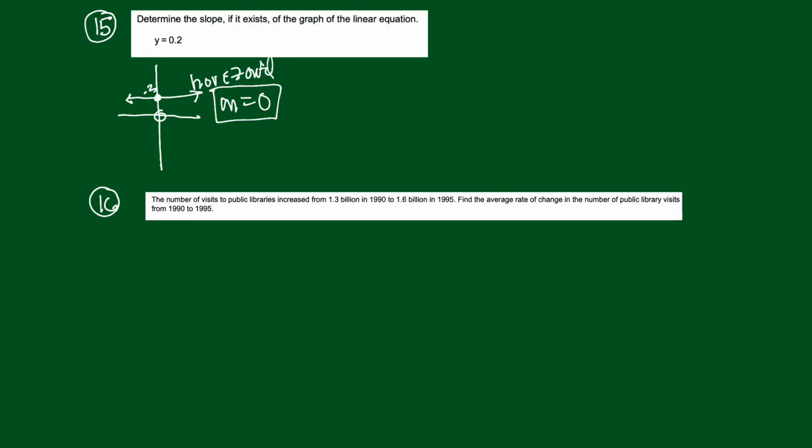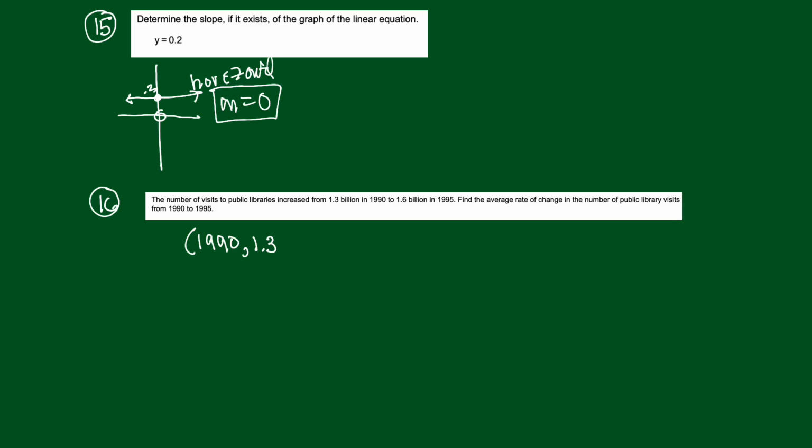Well, we got a word problem here, a lot of words, but let's just take it a little piece at a time. Here's what we know. The number of visits to public libraries increased from 1.3 billion in 1990. So right away, just do parts of it at a time. In 1990, the number of visits was 1.3.